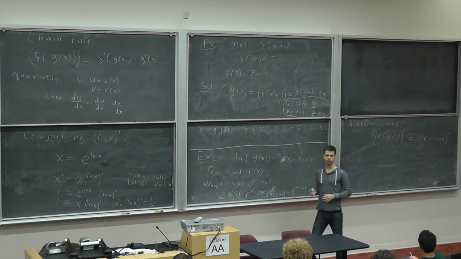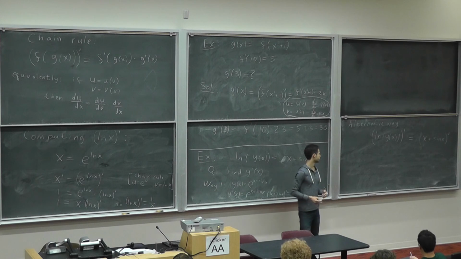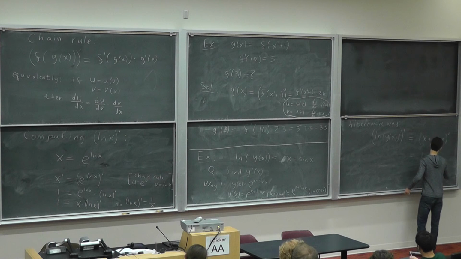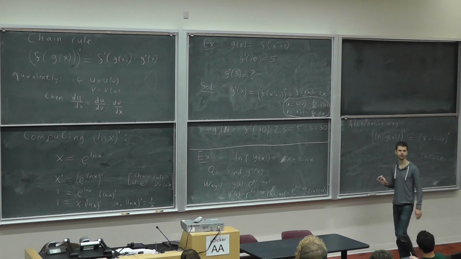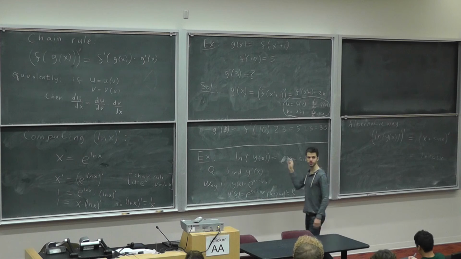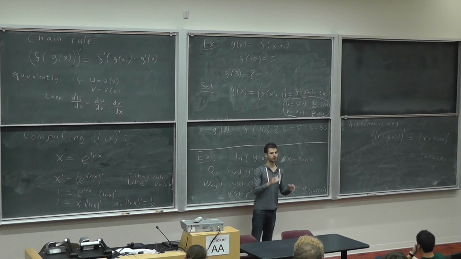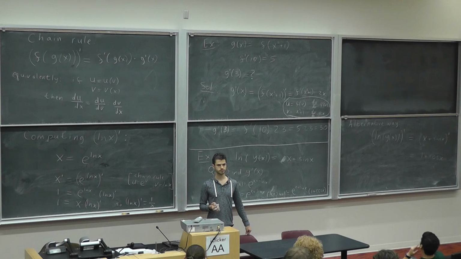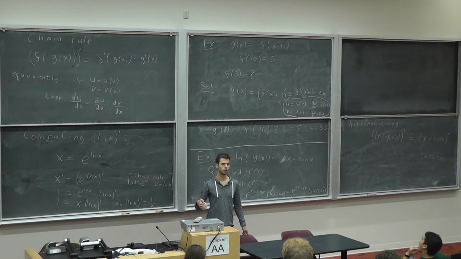Well, now let's find these derivatives. On the right side, I have 1 plus cosine of x. That's really simple. On the left side, I have derivative of ln of y of x. What is the derivative of ln of y of x?